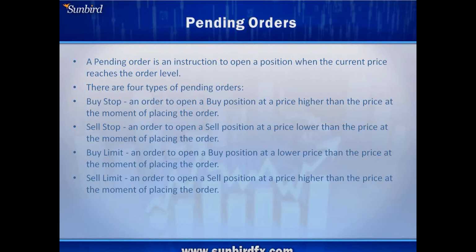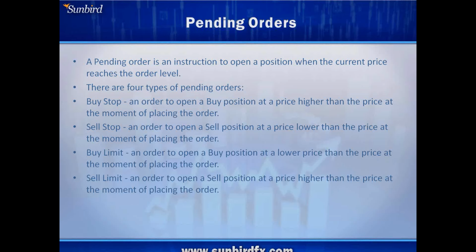Okay? Now, buy limit. What is a buy limit and what is a sell limit? A buy limit is an order to open a buy position at a lower price than the current market price. Meaning that if the current market price is 1.5 and your buy limit is at 1.2, once it reaches 1.2, you buy.